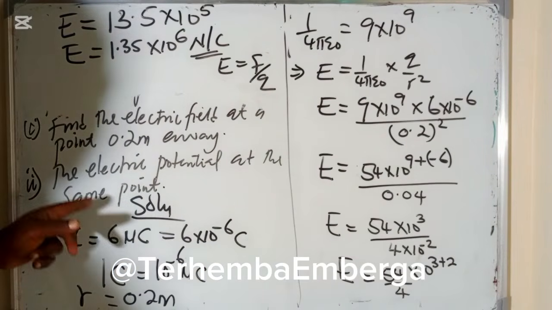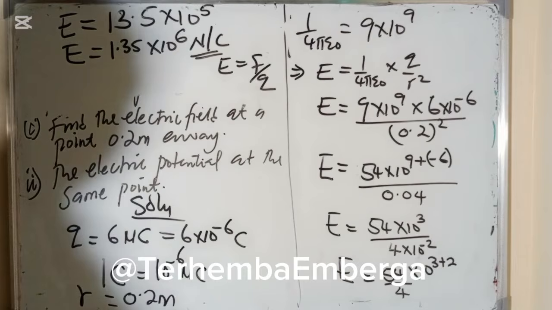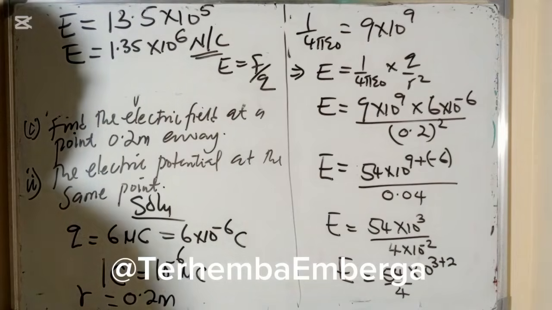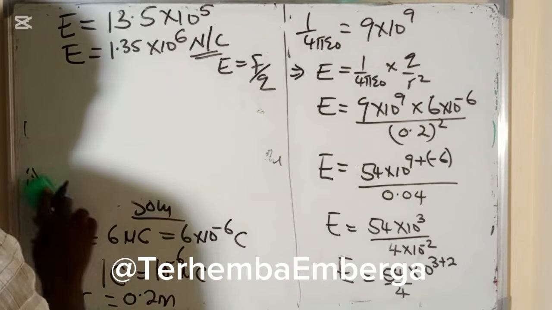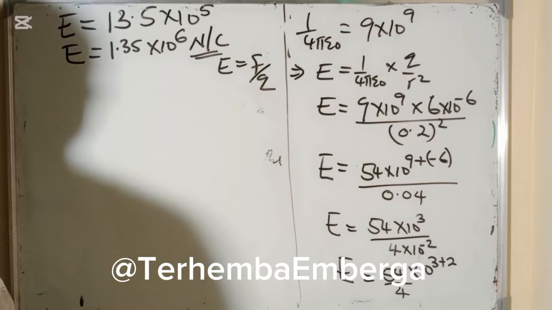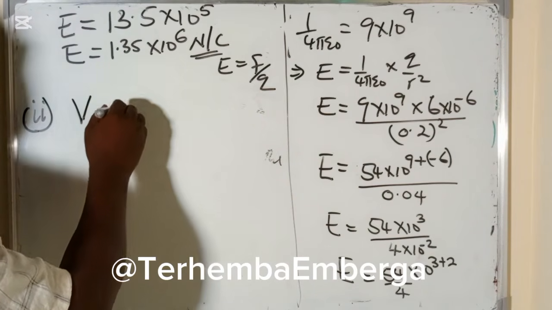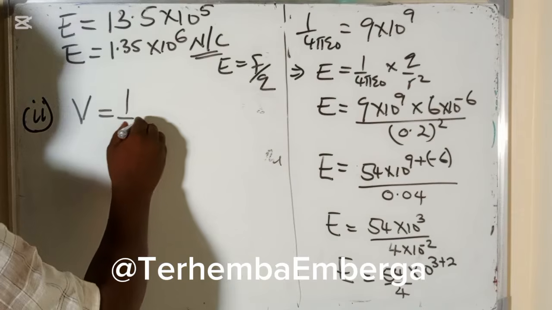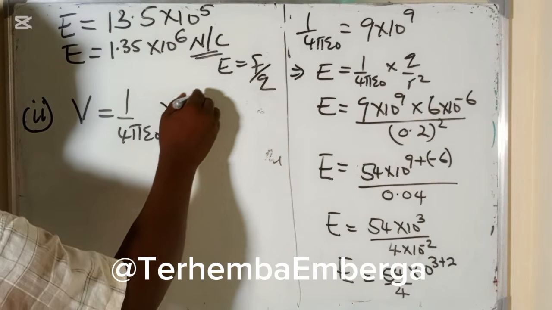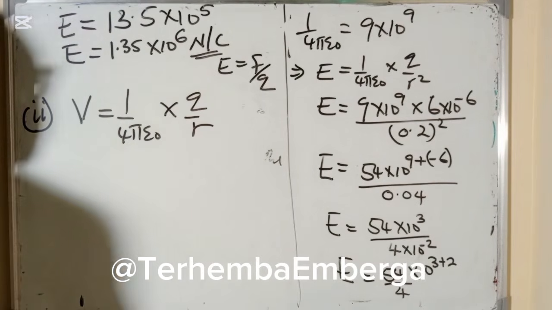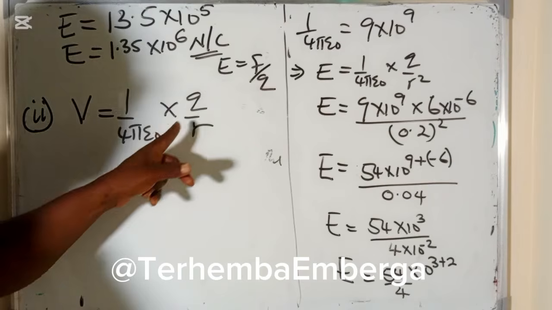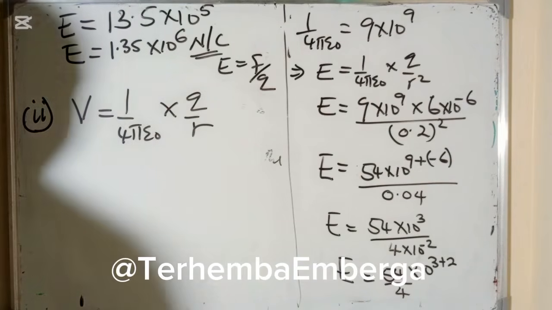And the second question is, we're calculating the electric potential. What is the formula for the electric potential? V is given as 1 over 4 pi E naught times Q over R, where we know the value of Q, we know this, we know this.